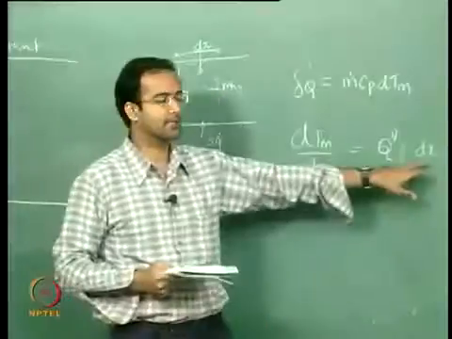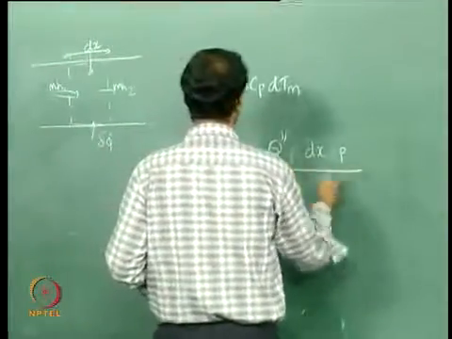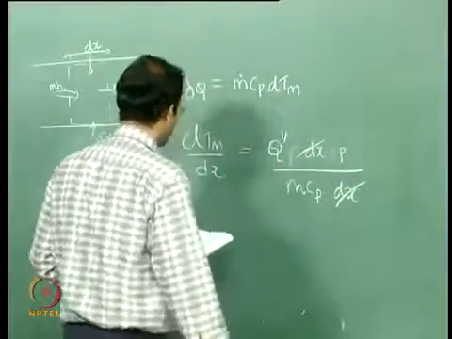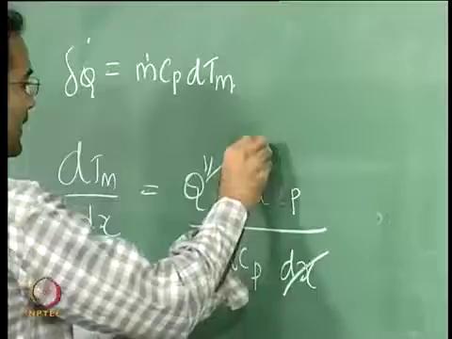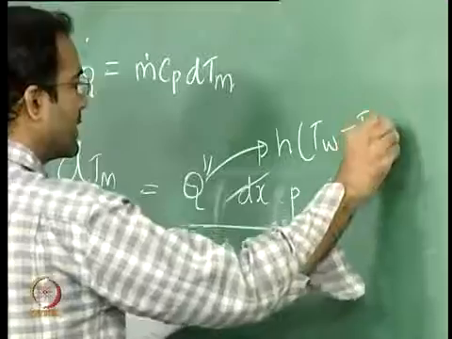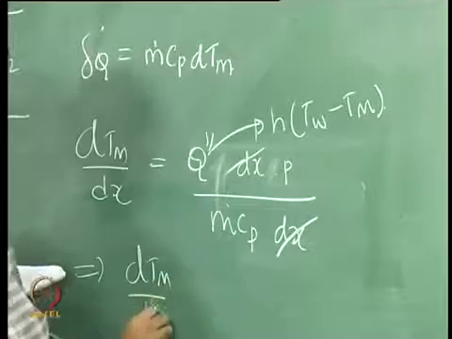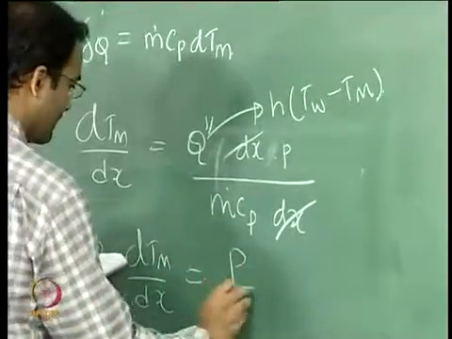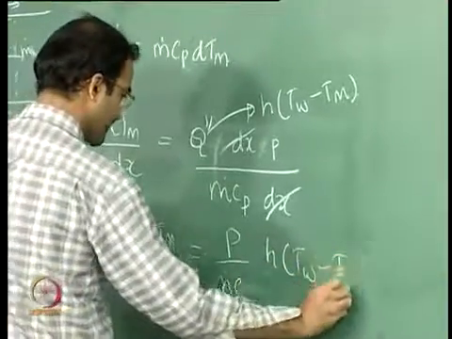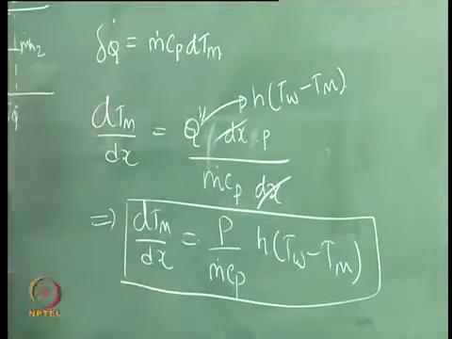So this will be your surface area where you are adding heat. This will be divided by m dot Cp, and of course you are dividing by dx, so dx cancels. Now your Q double prime you can apply Newton's law of cooling and write this as H into T wall minus T mean. Therefore you have dTm by dx is equal to P by m dot Cp, P is your perimeter, into H into T wall minus T mean. So this is the expression coming out of the simple energy balance that you are doing.